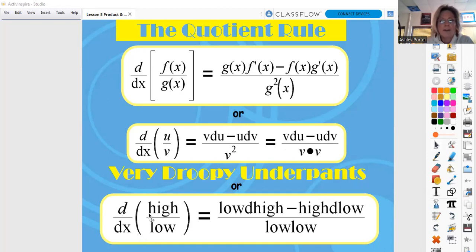So if you want the derivative of a high function over a low function, then you can say low d high minus high d low over low low. So low d high is the same thing as v du. So bottom function times the derivative of top function minus top function times the derivative of bottom function all over bottom function squared. Let's do some practice.